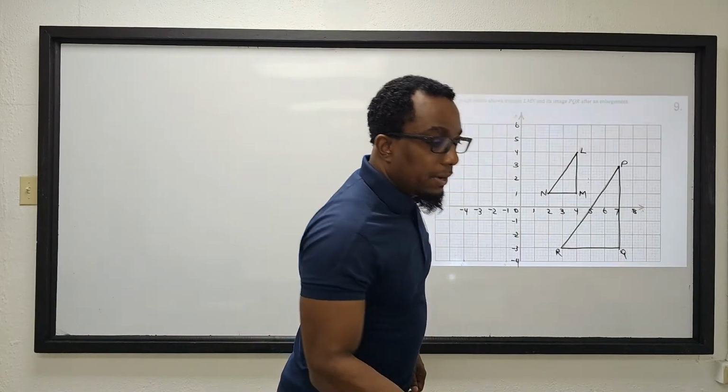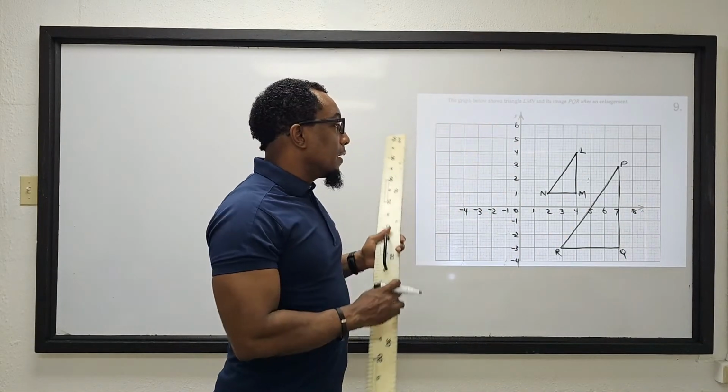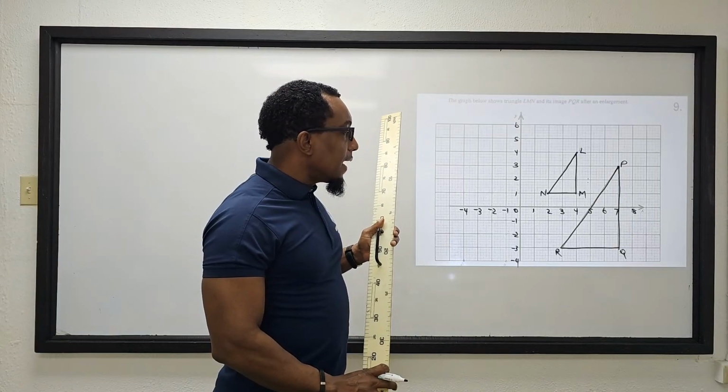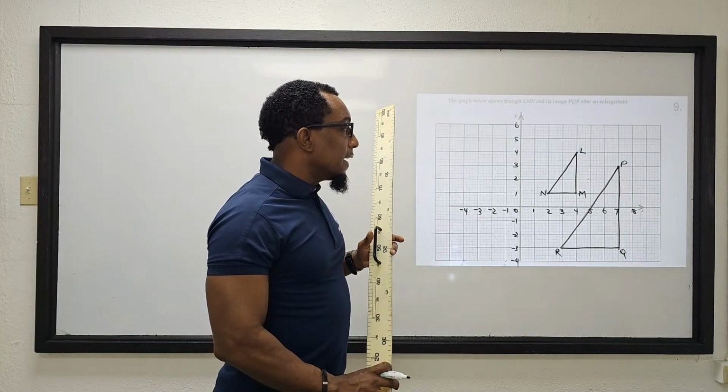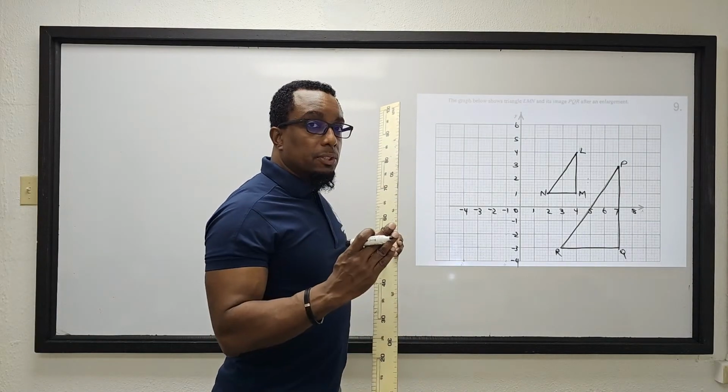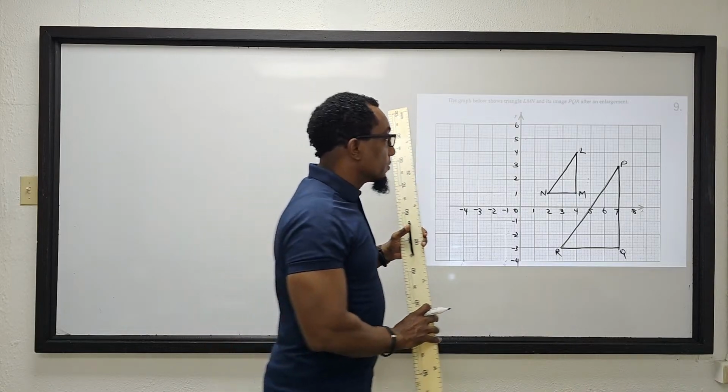We're going to take our ruler and draw a line from image to corresponding object points, straight through.